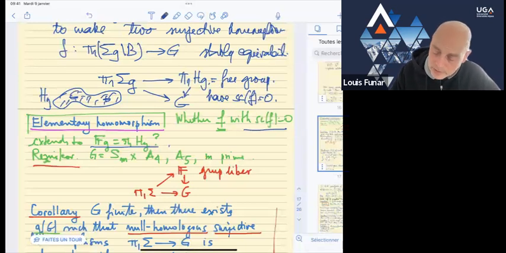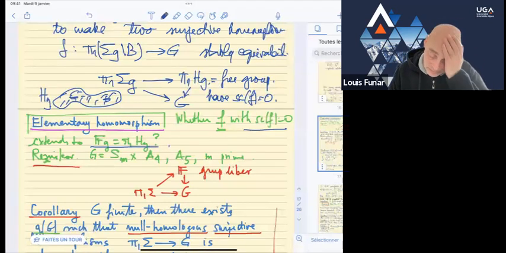And this is the simplest way to construct such a homomorphism. So the question is whether all arise this way.